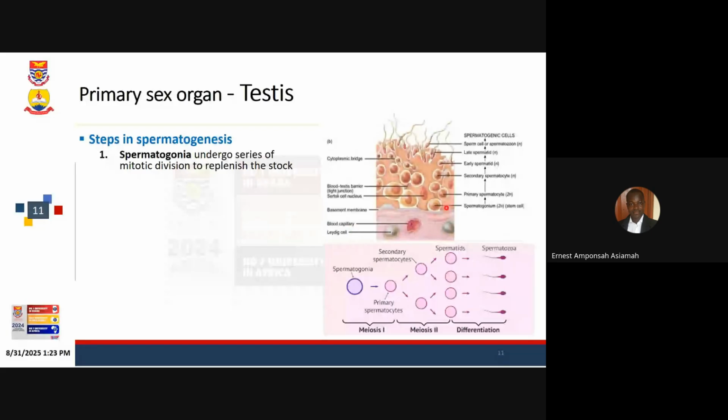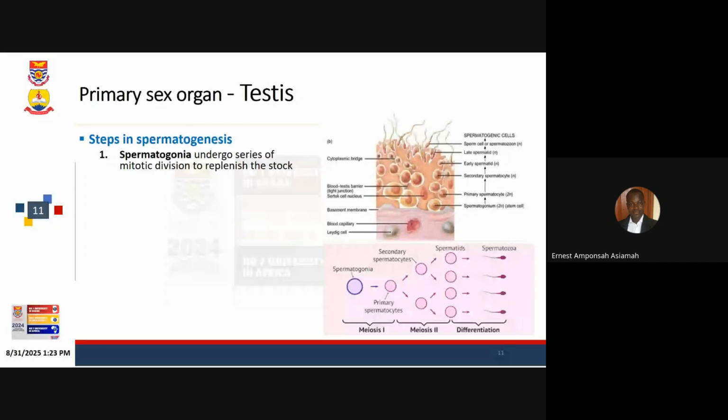Now spermatogonia would undergo mitosis, and usually they will divide into two. The one will become a residual stem cell that can also undergo division in the near future. Then the other cell would continue with the cell division towards being a sperm.